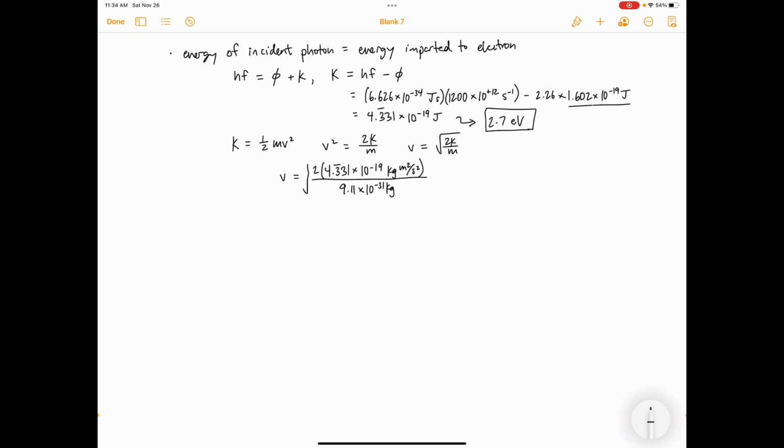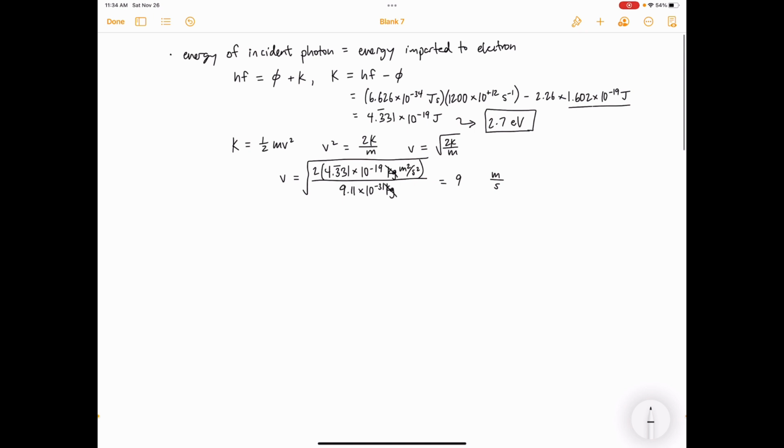And then we're going to square root that. So notice kilograms drops out. And then we just have meters squared per second squared under the radical, so that's meters per second. So how many meters per second is this? It's 9.8 times 10 to the 5. So that's how fast the outgoing electrons are moving.